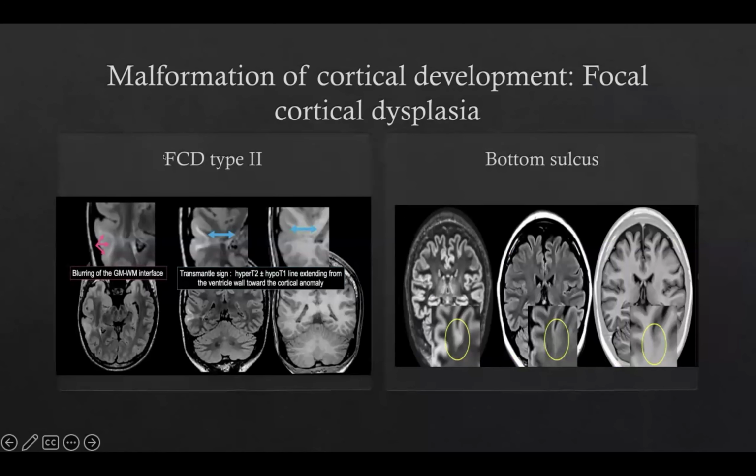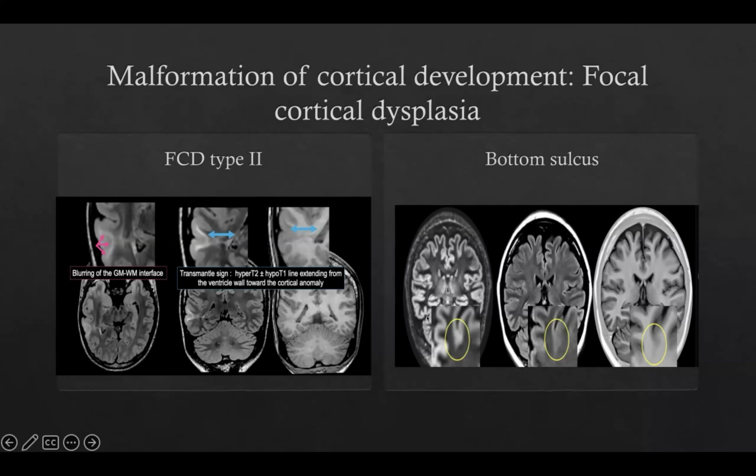So in FCD, the point that we need to look for is whether there is blurring of gray-white matter differentiation. And we can also see a transmantle sign, where there is a connecting hyperintensity from the ventricle wall to the cortical abnormalities. Okay, so this is in FCD type 2.